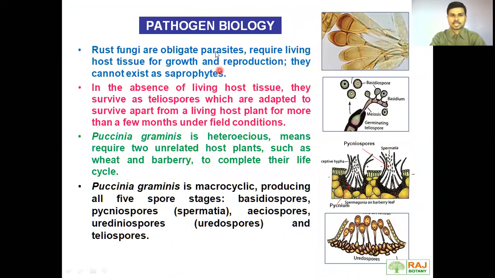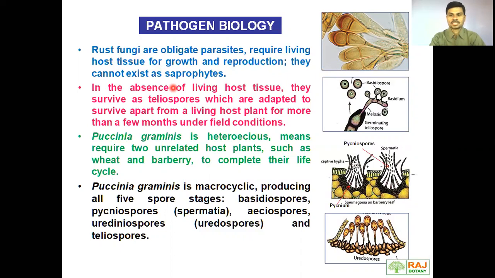Let's see the pathogen biology. This Puccinia graminis pathogen is an obligate parasite. That means for its survival and reproduction, it requires living host tissue. It cannot be a saprophyte. Saprophytes are organisms which grow on dead and decaying organic matter.